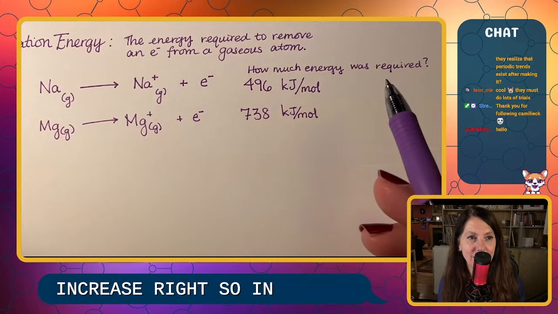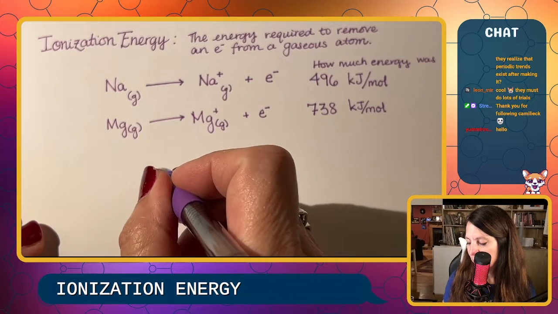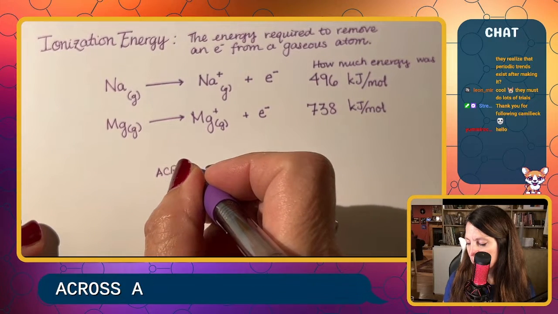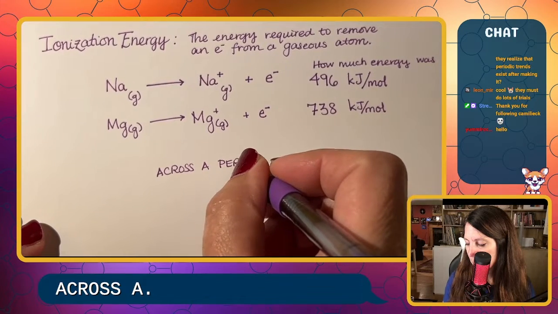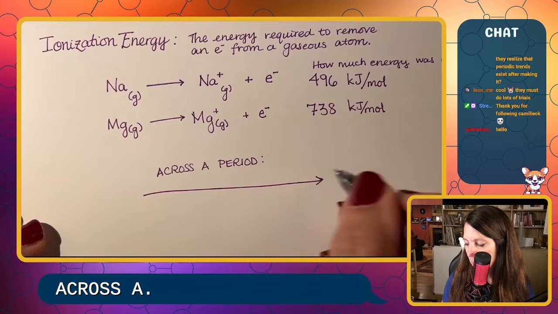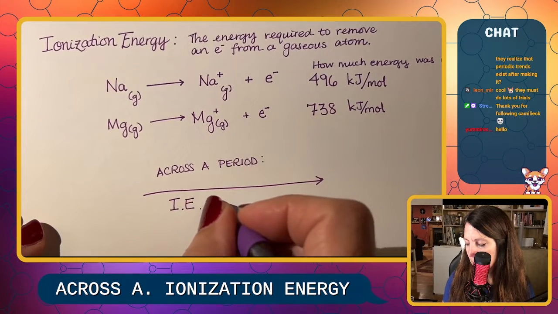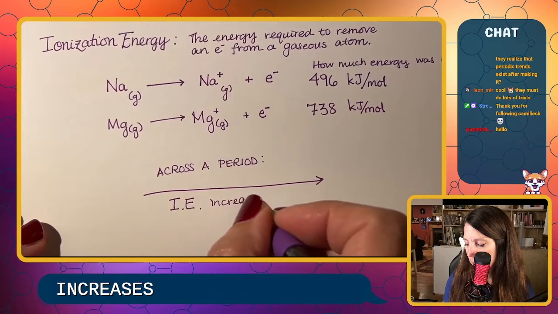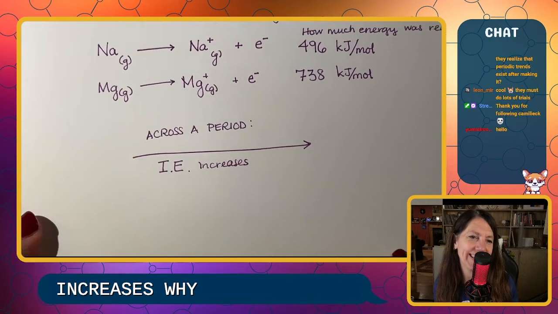So indeed, our periodic trend for ionization energy as we go across a period: ionization energy increases. Okay, why?